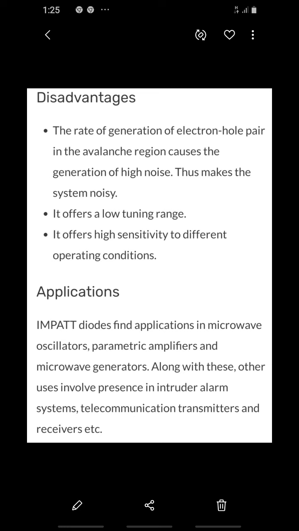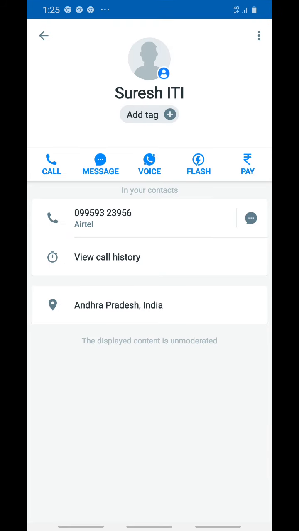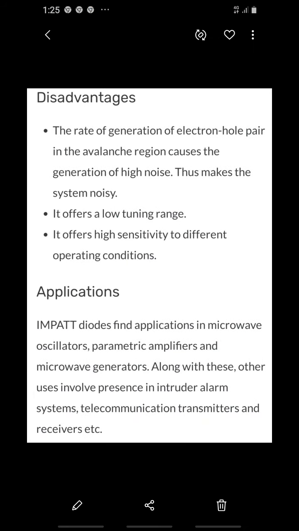So these are the contents of the impact diodes.